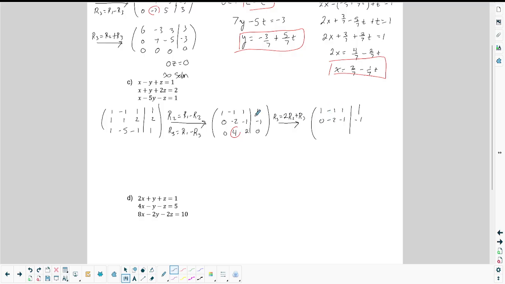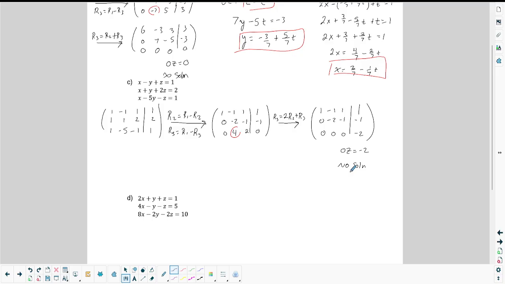And then negative 2 times 2 is negative 4 plus 4 is 0. And of course, the first one is 0 because there's just zeros. And then I get 0 again. And then I get negative 2 plus 0 is negative 2. So this is 0z equals negative 2. There is no solution.